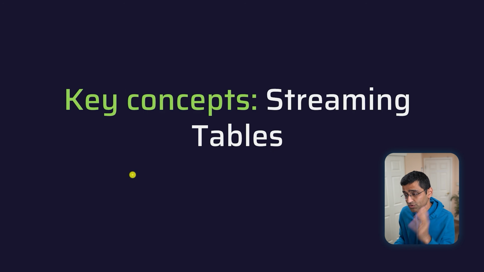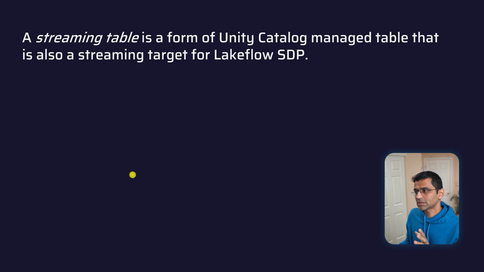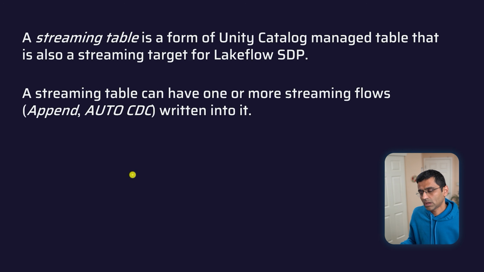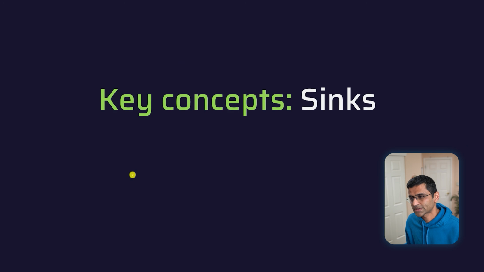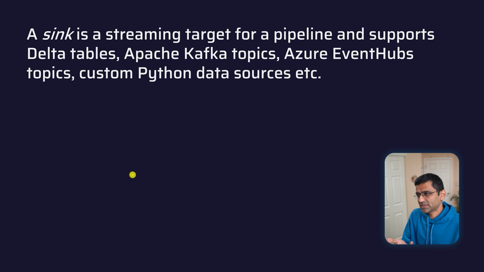Then there is streaming tables. So streaming table is a form of Unity catalog managed table that is also a streaming target for Lakeflow SDP. Okay, and it is used for streaming use cases. It can have one or more streaming flows written into it, either append or auto CDC. Then there is sync. So sync is a simple concept. It's nothing but a streaming target for a pipeline and supports delta table.